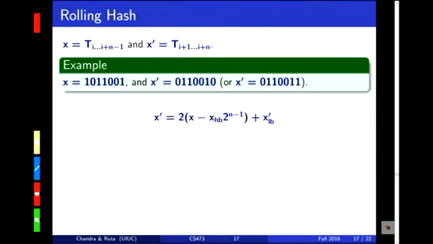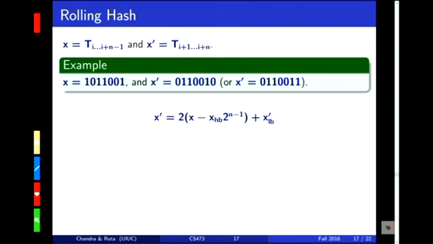So this computation is clear of x prime from x. Now we want to do mod p. So suppose I have x mod p and I want to compute x prime mod p. Let me apply the mod p operation on this expression.